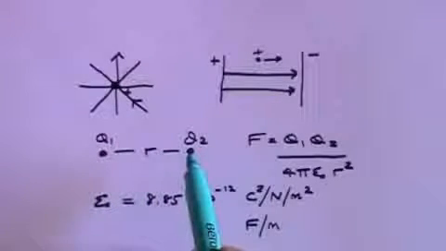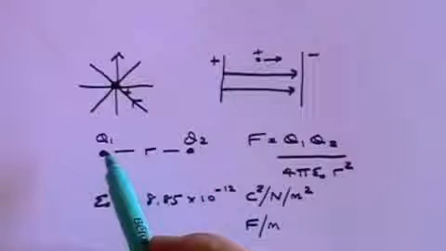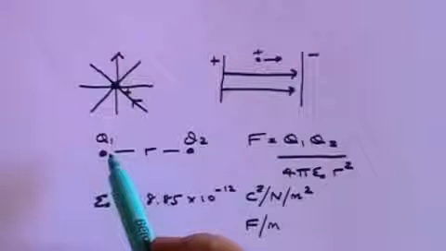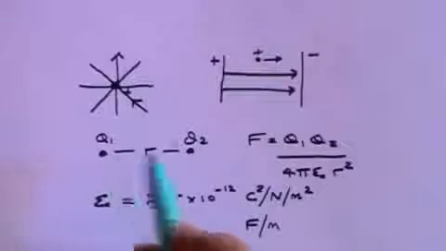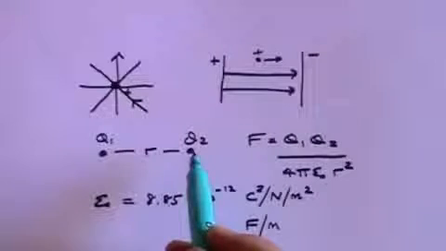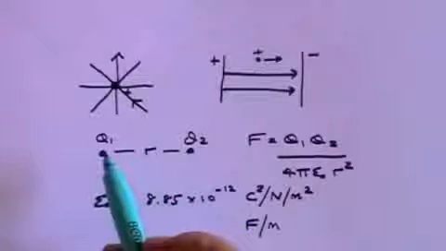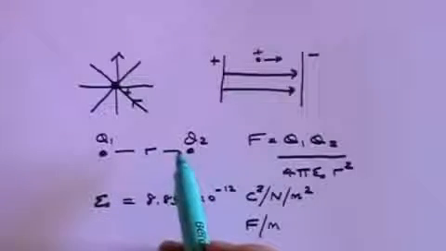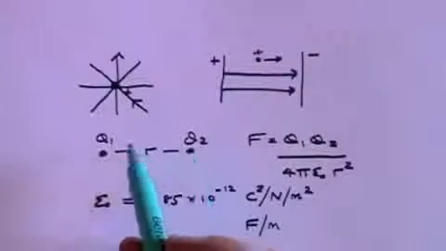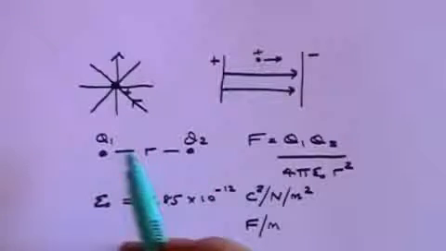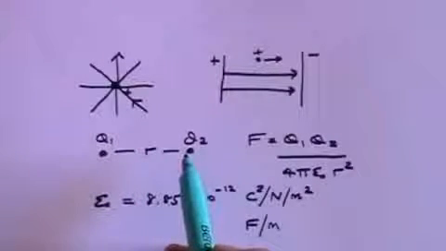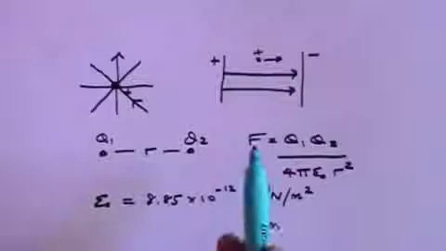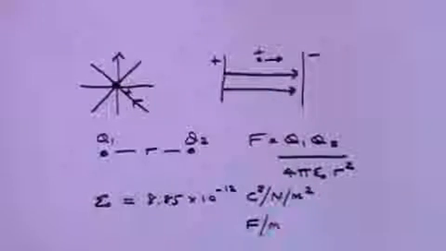And so it will have an attraction or a repulsion, depending on whether it's positive or negative, on the basis of the field generated by that charged particle. Equally, this charged particle is generating a field, and this charged particle is in that one's field. So that also experiences a force, and consequently the two experience a force as a consequence of the field of the other. And that force is given by that equation.